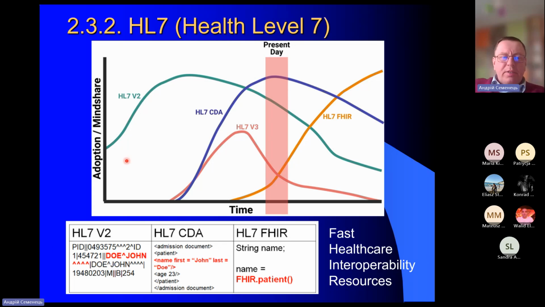And here are different versions of HL7 and different data exchange architectures: the second-level text-based, CDA, which is actually XML-based, and the modern JSON-based FHIR implementation, Fast Healthcare Interoperability Resources.